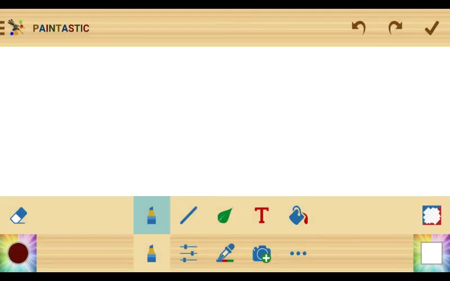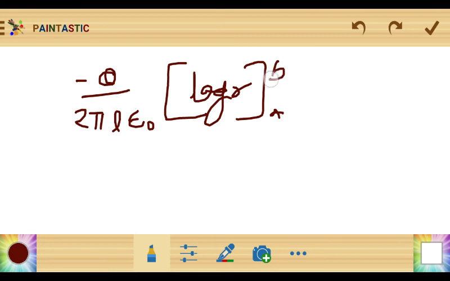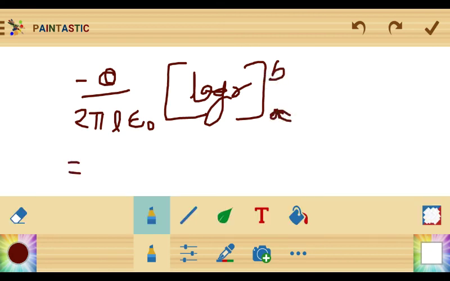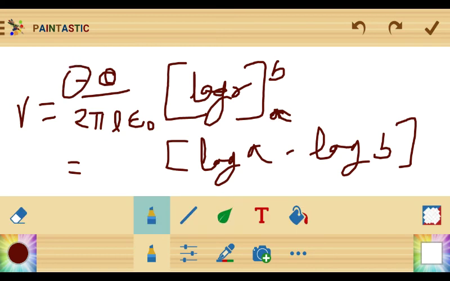So it is simply Q upon 2 pi L epsilon 0, which is taken out, times log r from A to B. When you solve this, first I put log A and log B, so it comes around log A minus log B. As the minus sign is outside, we take it inside, so this becomes minus and this becomes plus.